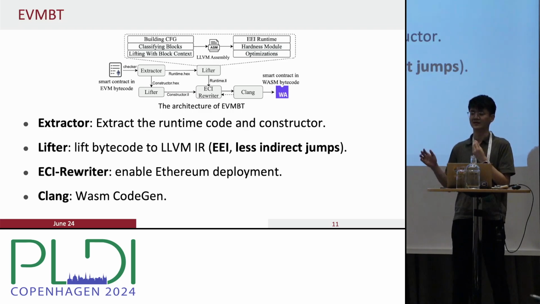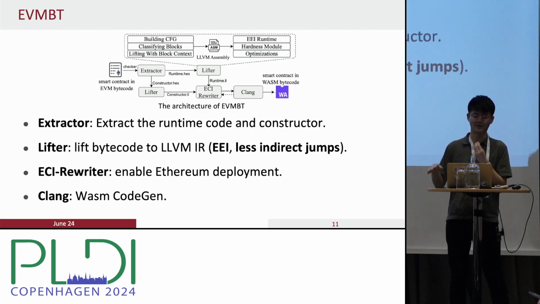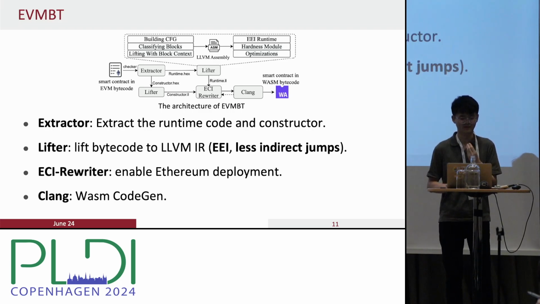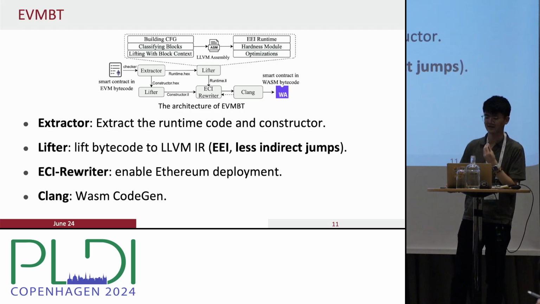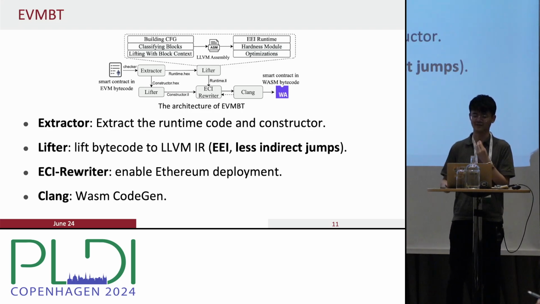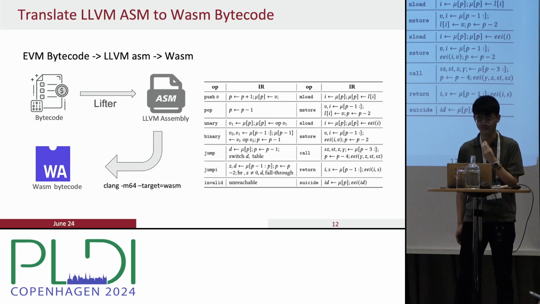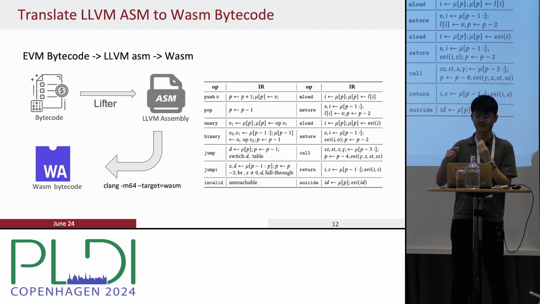Then we extend the LLVM IR to support various Ethereum features, so that the generated smart contracts can use the Ethereum runtime and run on WebAssembly at the same time. At last, we use an LLVM backend like Clang to generate the WASM bytecode.